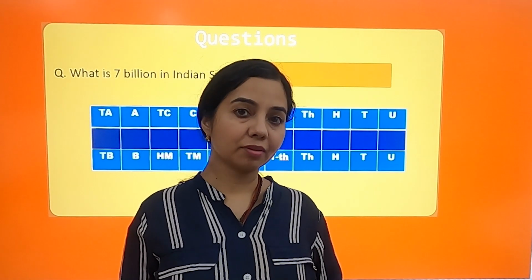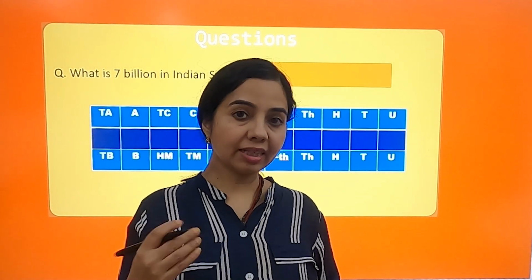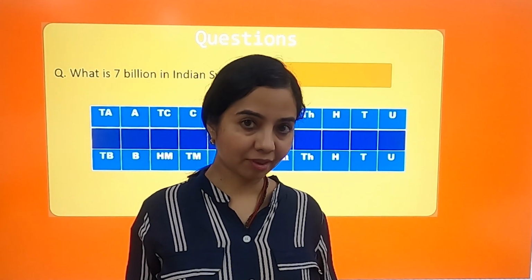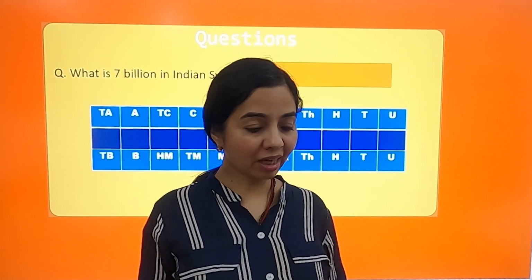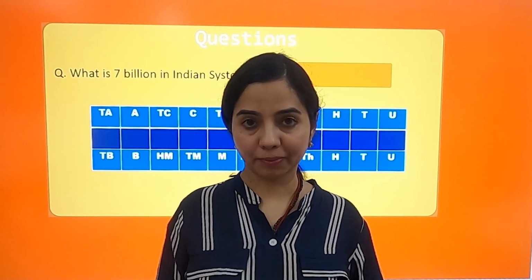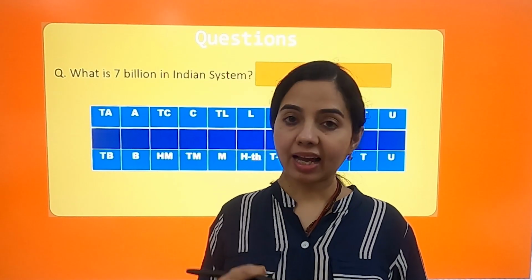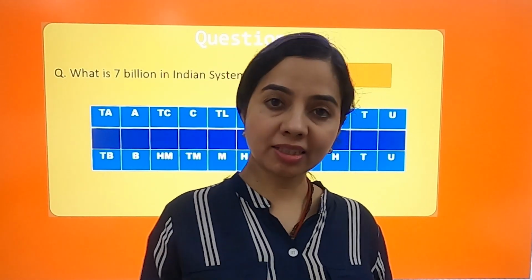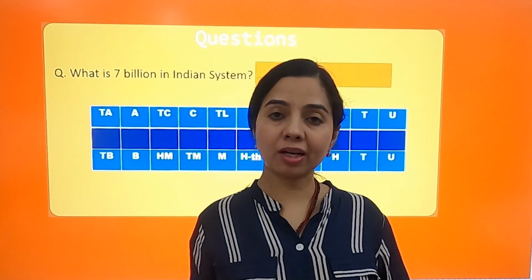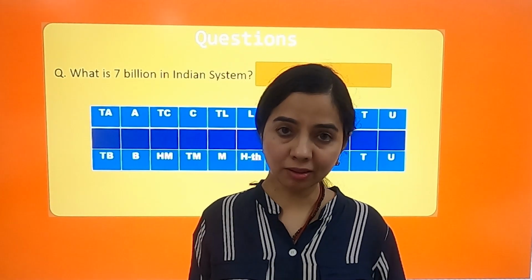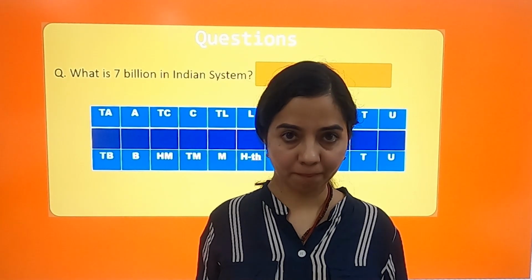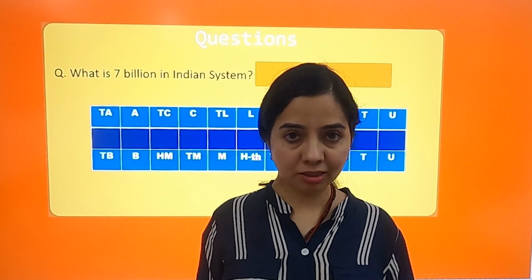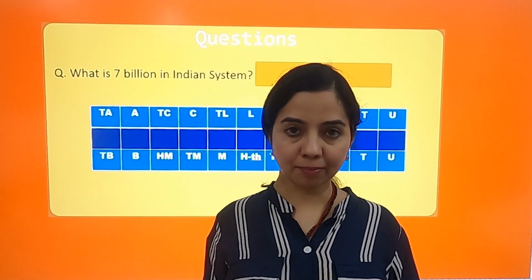Up till now, you have learned the Indian system and the international system, but separately. We have not learned their comparison. Okay? And at times in the exams, what comes is the comparison between the two systems. We'll learn about it with a few examples.